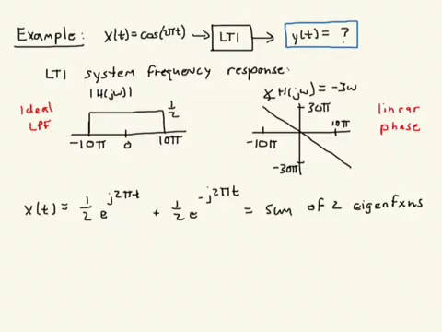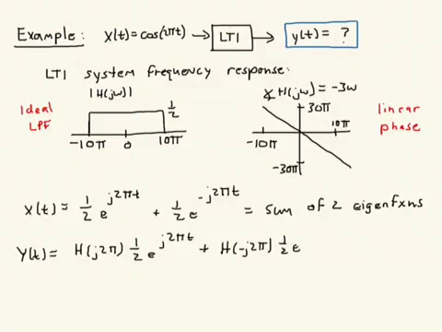And we know that when we have an eigenfunction that goes in, the output is simply a scaled version of that eigenfunction, and the scaling factor is the frequency response for the frequency of the complex exponential. So we could write the output as y of t is equal to H of j 2 pi times 1/2 e to the j 2 pi t, plus H of minus j 2 pi times 1/2 e to the minus j 2 pi t.